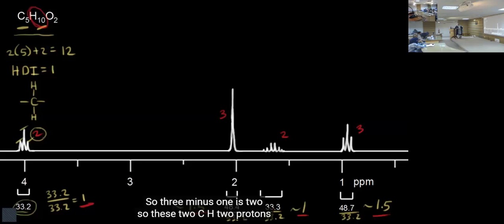You know, CH3 usually appears around 0.9 to 1 or 1.1 ppm, and this is 2 ppm. So the downfield shift of this CH3 represents that there is some heteroatom, some more electronegative atom.